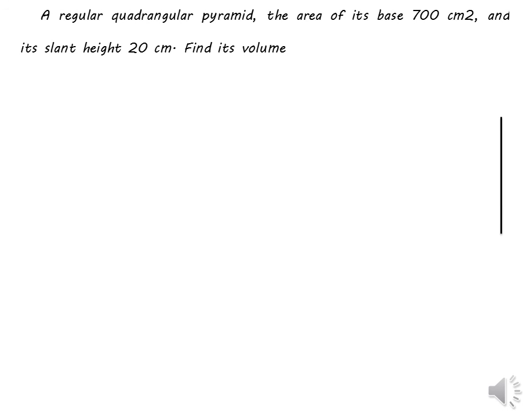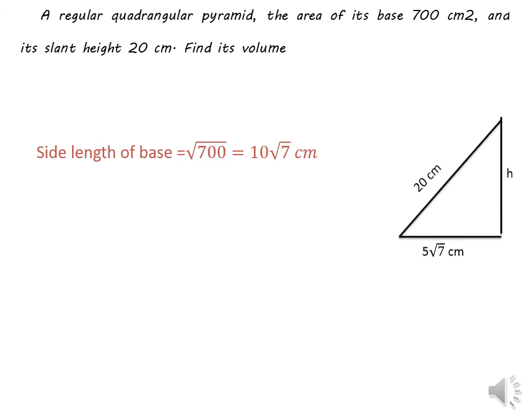A regular quadrilateral pyramid. The area of the base equals 700 square centimeters and the slant height equals 20 centimeters. Find the volume. First, the side length from the area of the base. The base is in the shape of a square, so the base area equals side squared, so the base side equals root 700, equal to 10 root 7 centimeters.